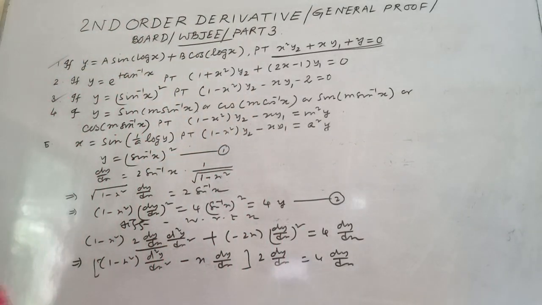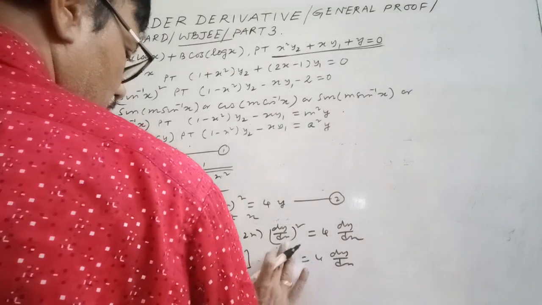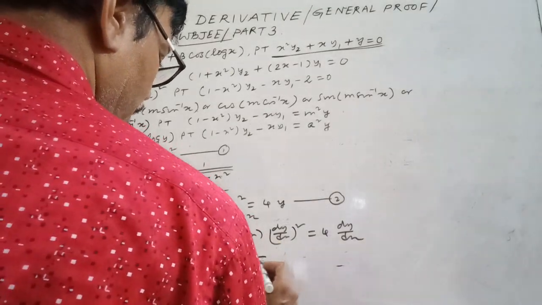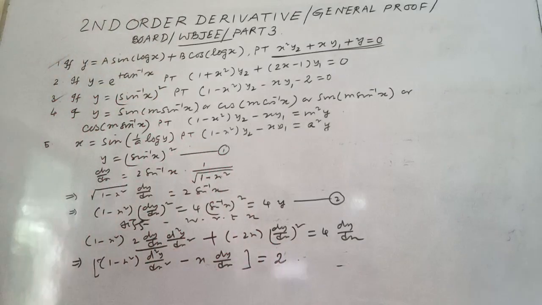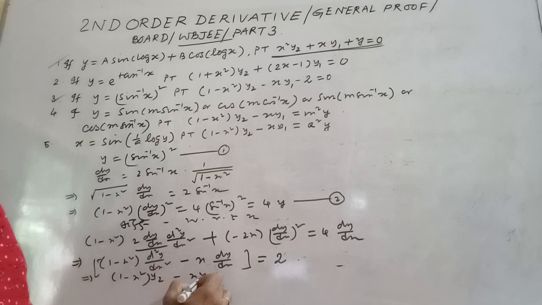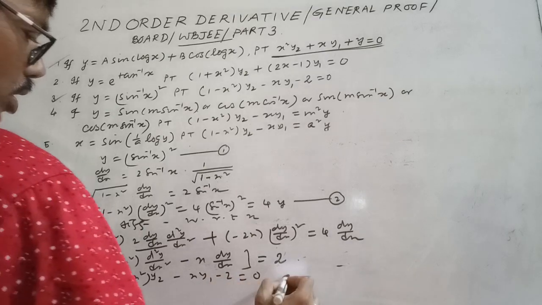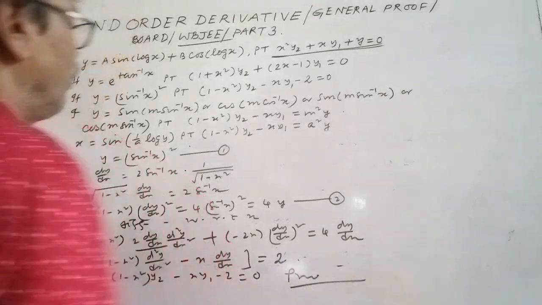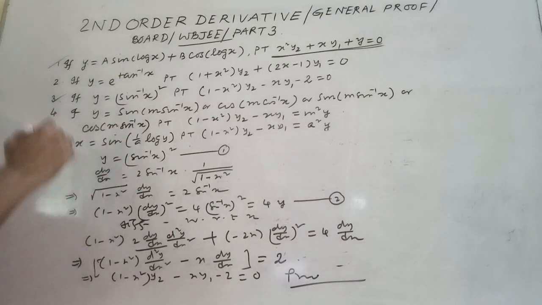In the final step, 2 dy by dx will be cancelled out. And write the result according to the answer: 1 minus x square into y2 minus x y1 equals 2.